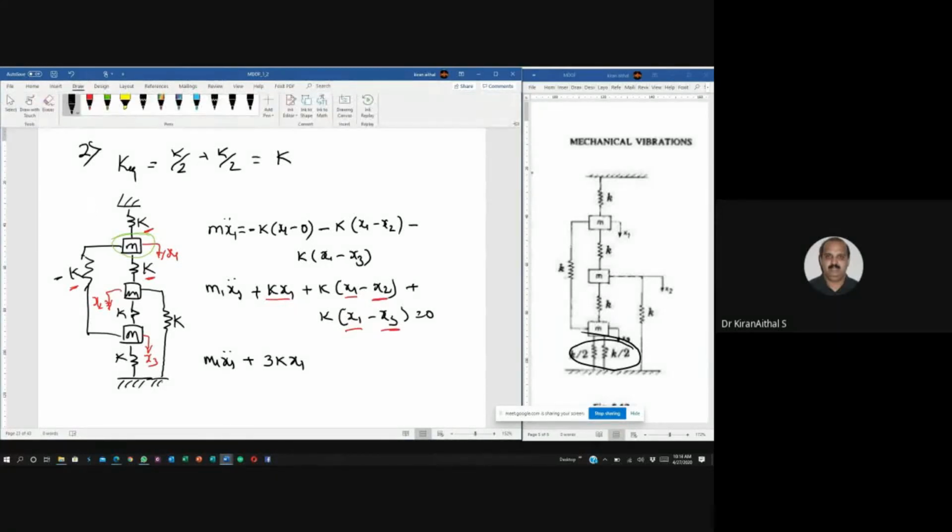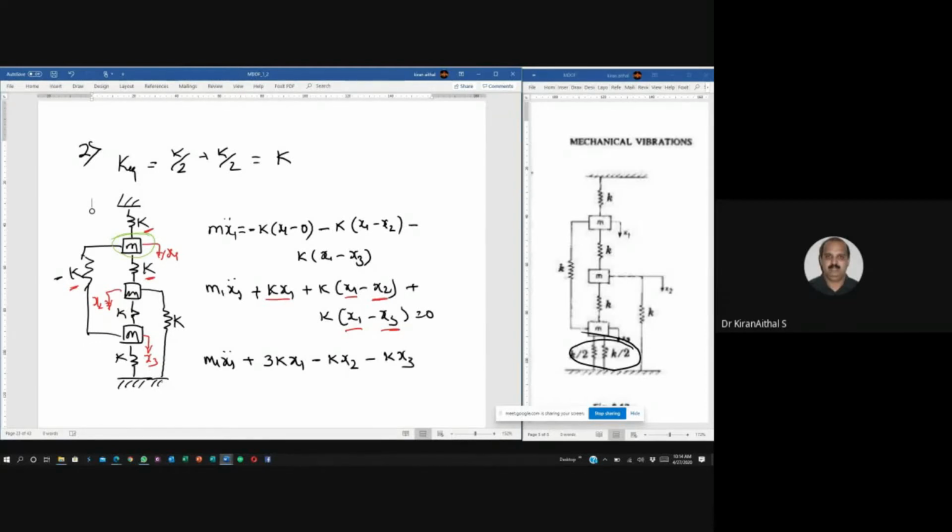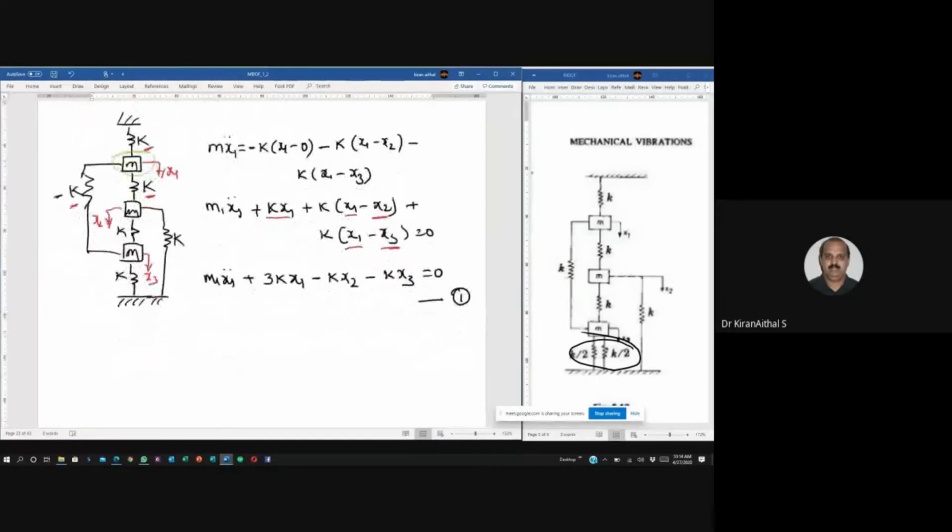Therefore that becomes minus k into x2, similarly minus k into x3 is equal to 0. This becomes my equation number 1.